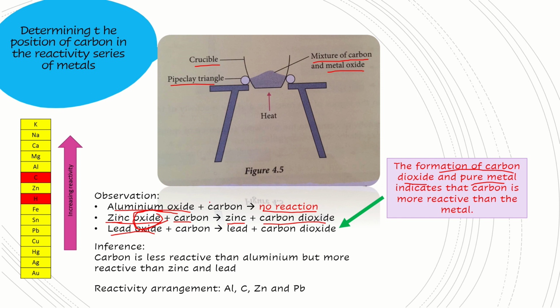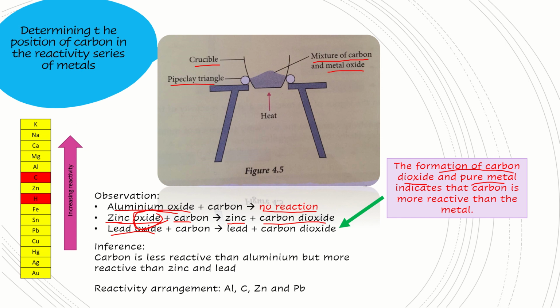Sebab apa? Aluminium oxide ni lagi power, lagi kuat. Lagi power, lagi kuat tu adalah analogi sahaja ya untuk awak lebih faham. Okay, in terms, the correct term is that it is because aluminium is more reactive than carbon. That is why carbon is unable to remove oxygen from aluminium.